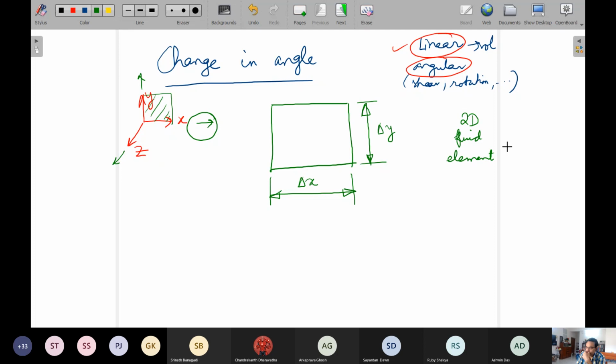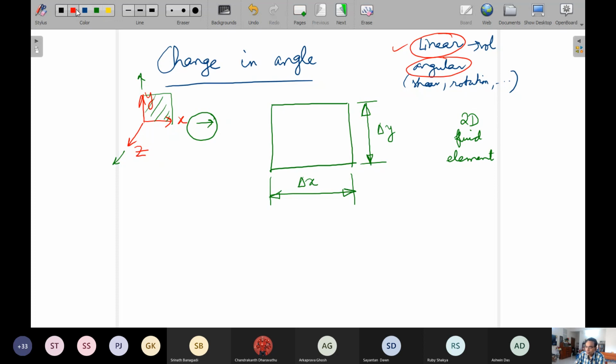I have clearly told you the reason: we are interested to visualize the change in angle, or changes in different angles in a plane, and we will attribute that to the angular phenomenon with respect to the axis which is orthogonal to the plane, or perpendicular to it.